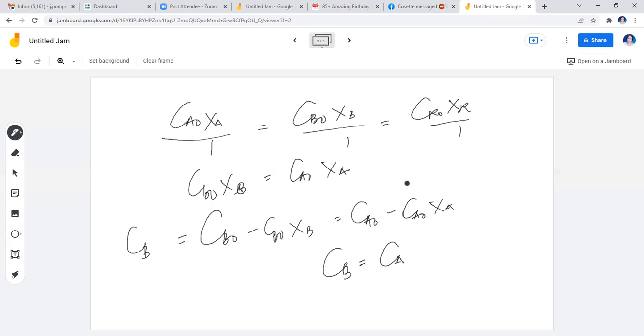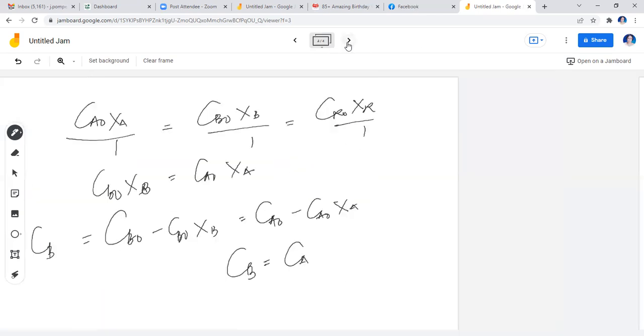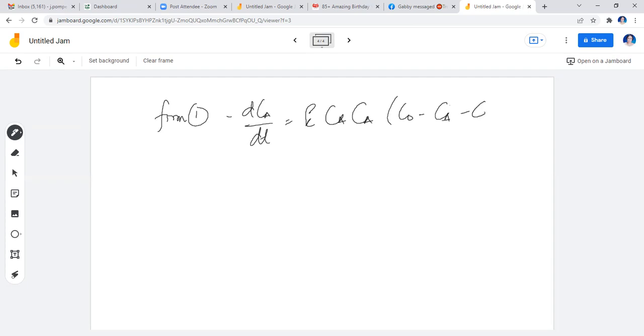So from here, this one can be changed to C sub A. So from equation 1, negative dCA dt is equal to K. This is your C sub A. This is your C sub B, which is C sub A. And you will have C sub O minus C sub A and C sub B, which is C sub A. I hope you can follow.